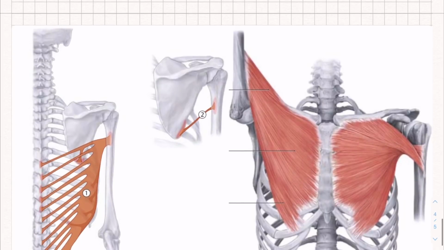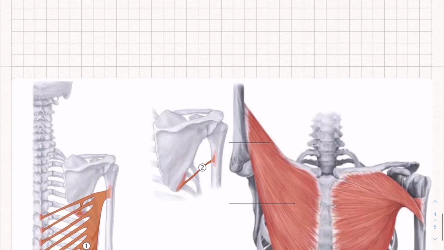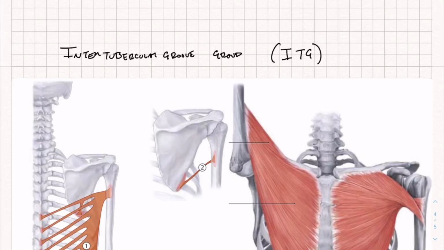The next group we like to call the intertubercular groove group, or shortened, the ITG. So the ITG group.